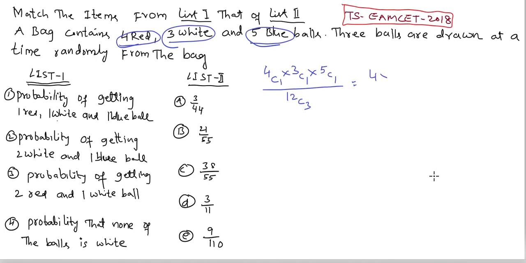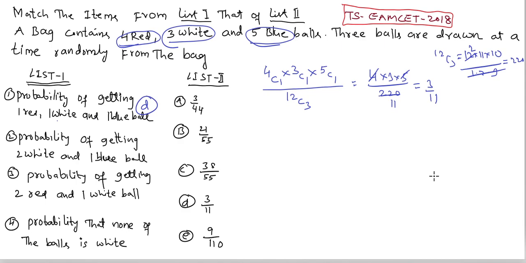That is 4 into 3 into 5 by 12C3, which is 12 into 11 into 10 by 1 into 2 into 3, 6, 2 times cancel, 2 into 10, 20, 20 into 11, 220, so this value is 220. 5 into 4, 20, 11 times cancel, that is equal to 3 by 11. So first one is mapping to D.